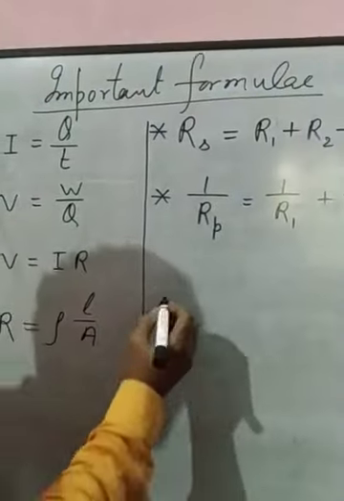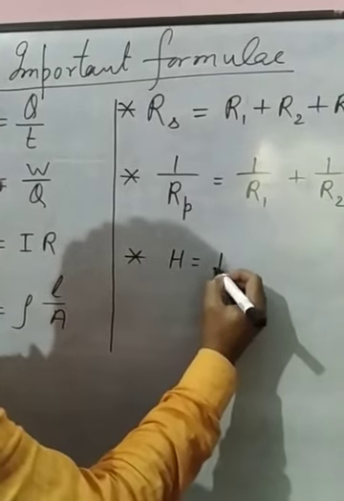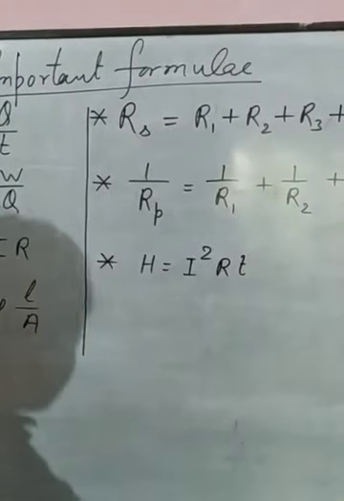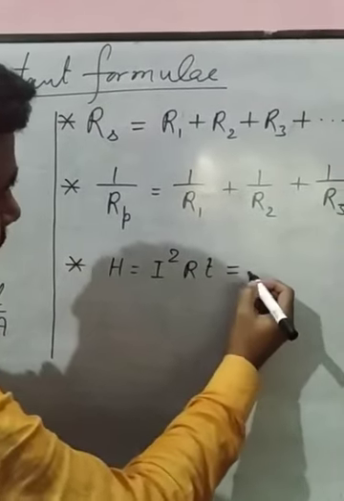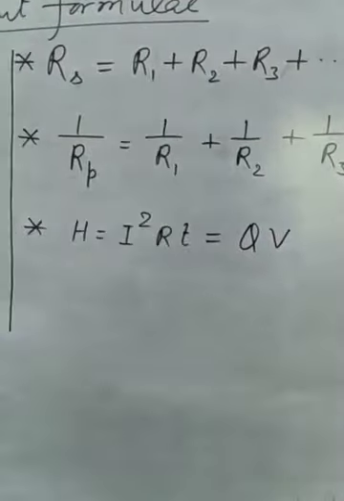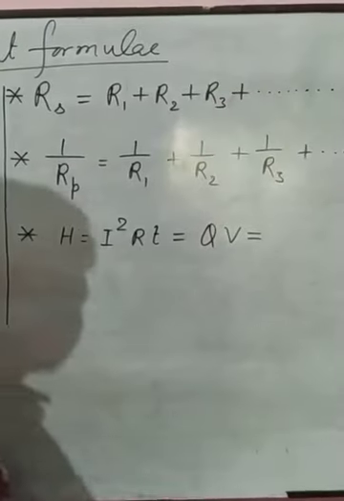Seventh formula is H is equal to I square RT is equal to QV is equal to VIT.